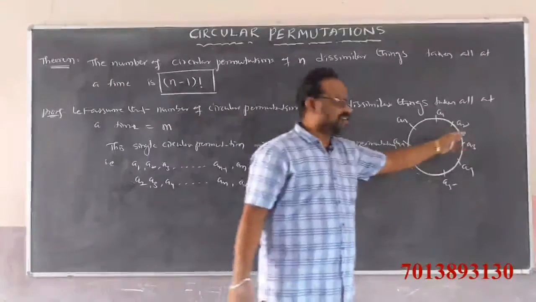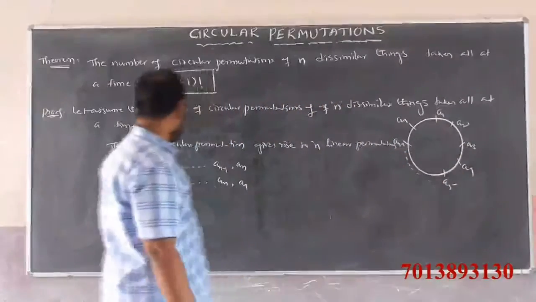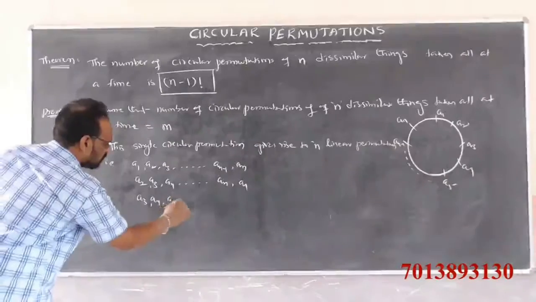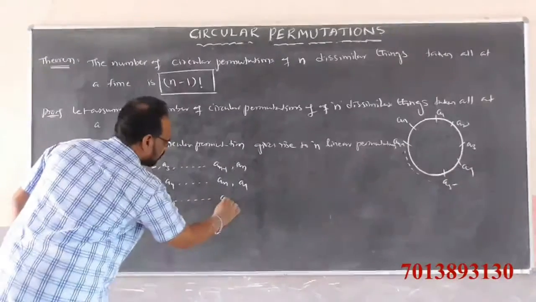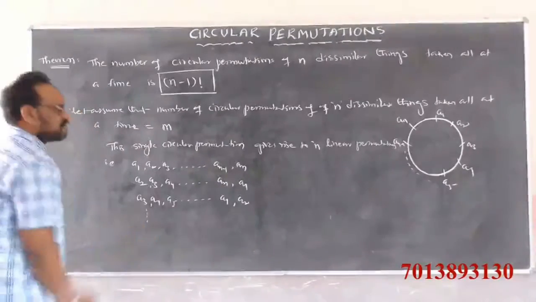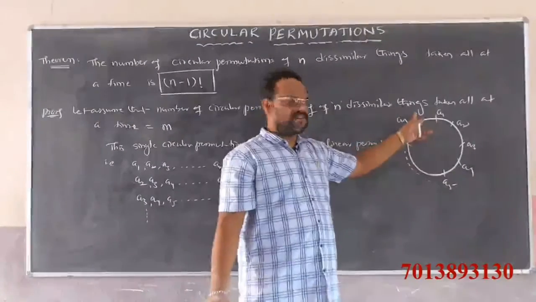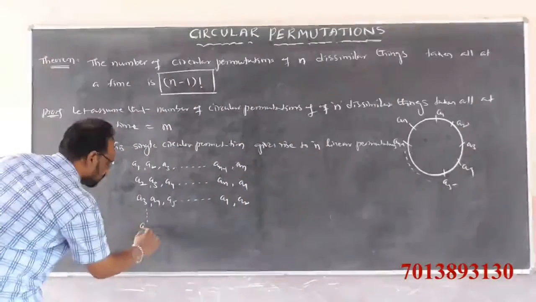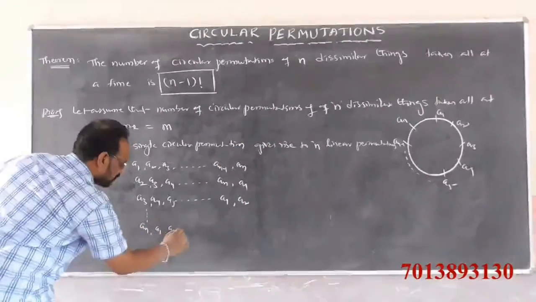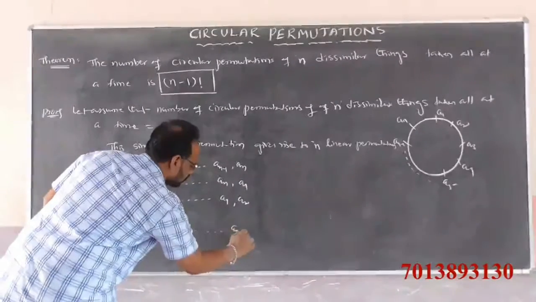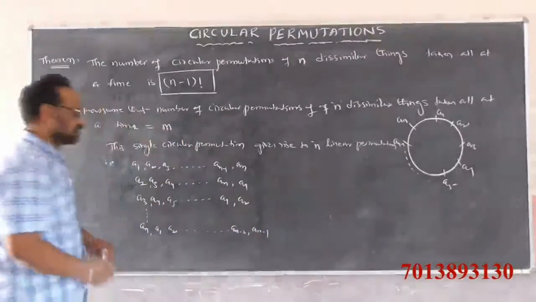If you disconnect here, we get another: A3, A4, A5 and so on, A1, A2. And if you disconnect here, we get An, A1, A2, and so on, up to An minus 1.